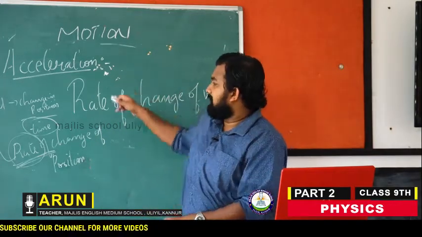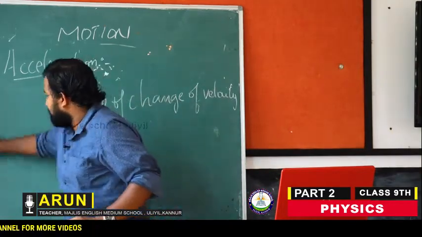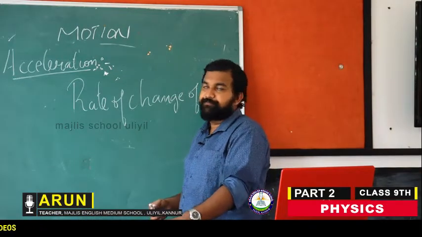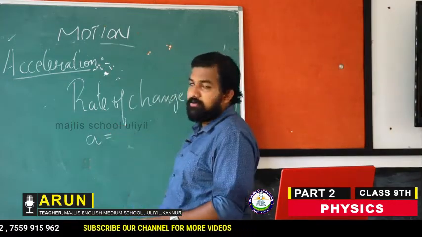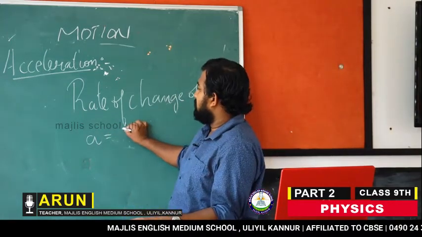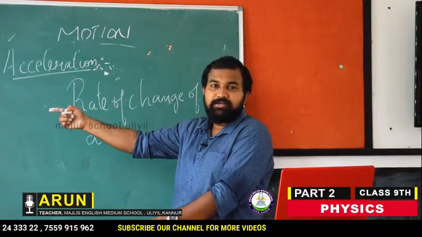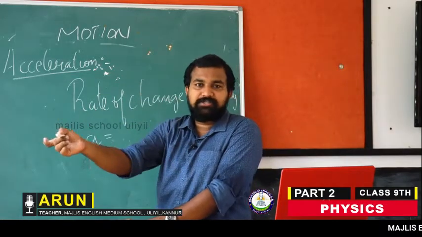Okay, so here what will be the rate of change of velocity? I have told you acceleration is rate of change of velocity. So from the definition, how can you write the equation? Acceleration, we denote it by the small letter a. I have told you speed is rate of change of position. Change in position is the distance travelled.